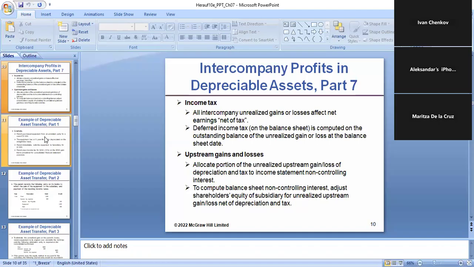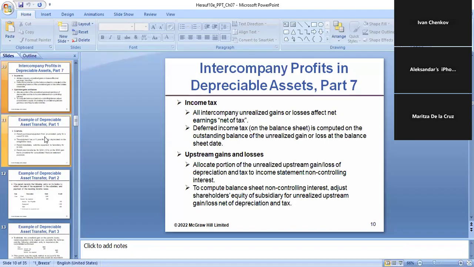Upstream gains and losses: to allocate the portion of the unrealized upstream gains and losses on the depreciation and taxes to the non-controlling interest, that will be the problem here. If we have an upstream, that means the subsidiary is selling to the parent.